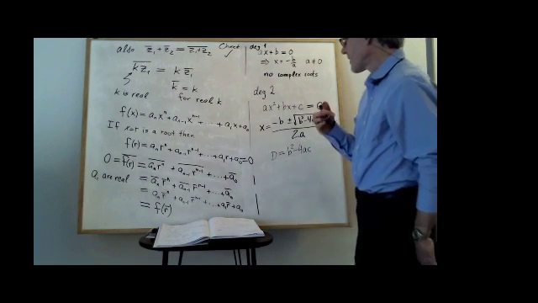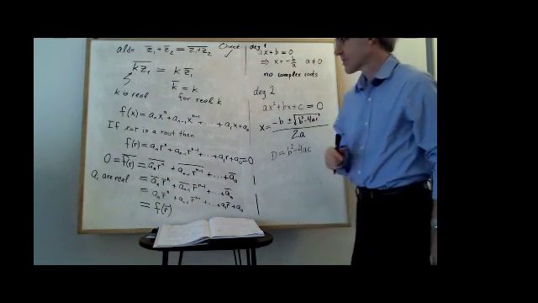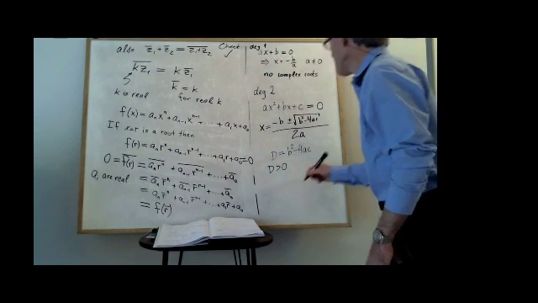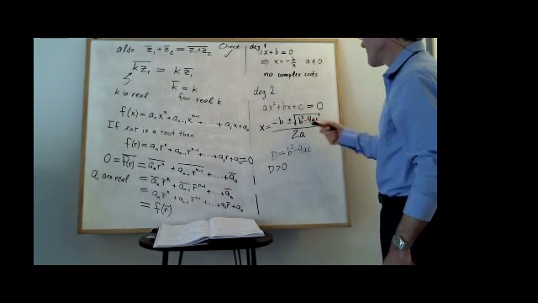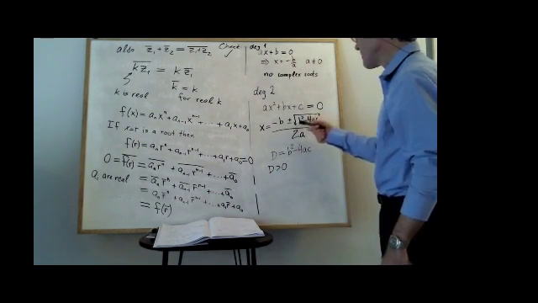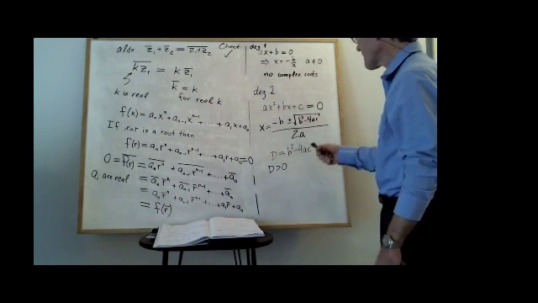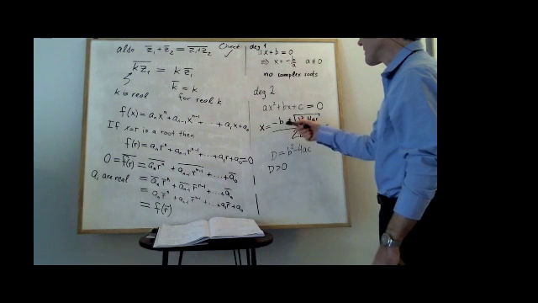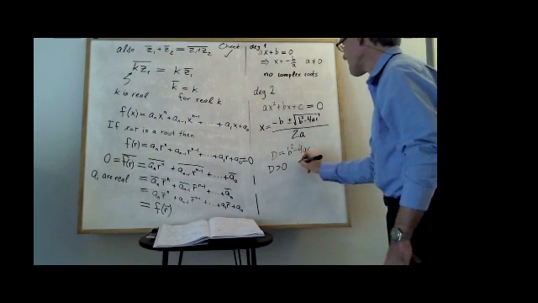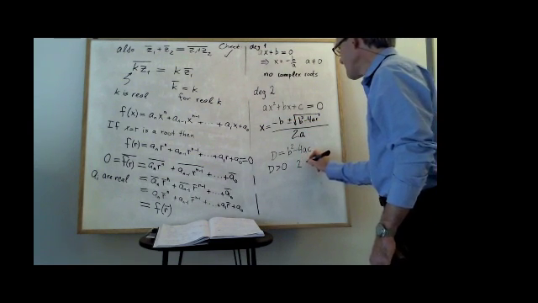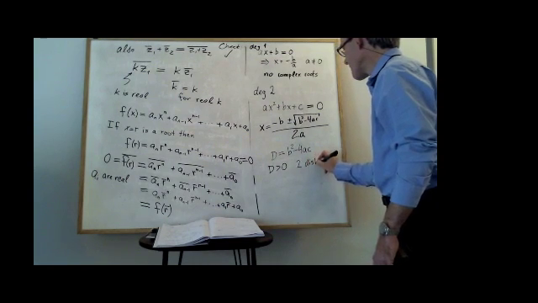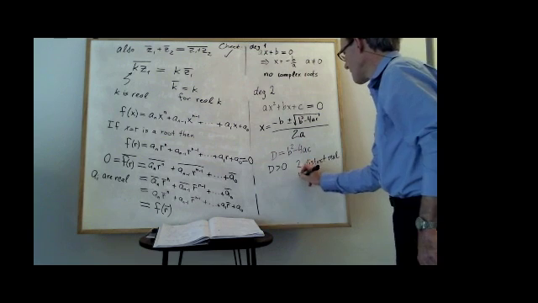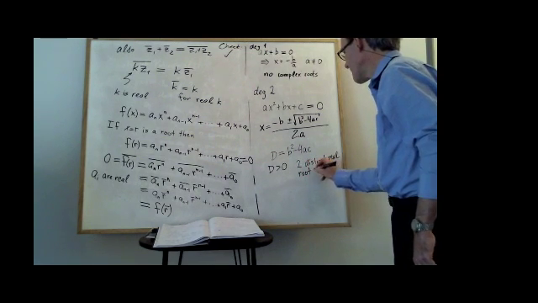Okay, so we have three different cases. Case 1 is where D is greater than 0. Then the square root will be non-zero, but it will be real, because what's inside is bigger than 0. So you'll get two distinct real roots, each of multiplicity 1.